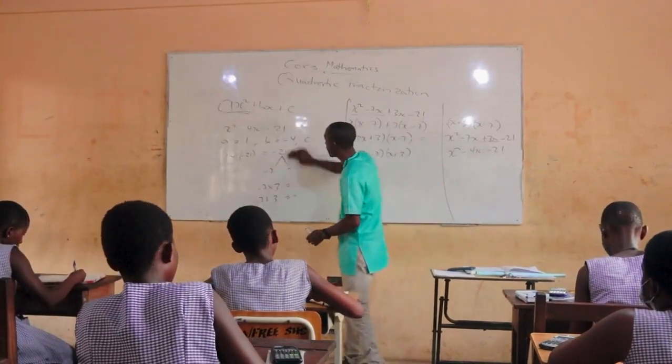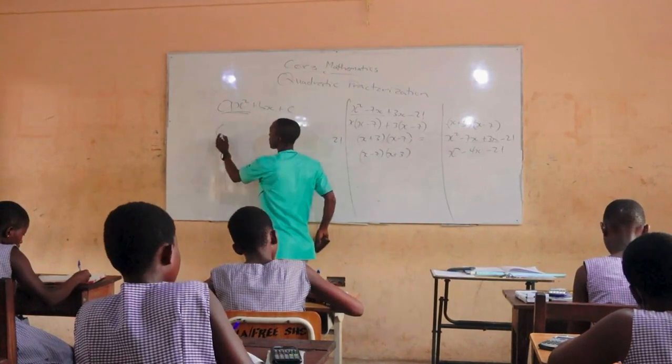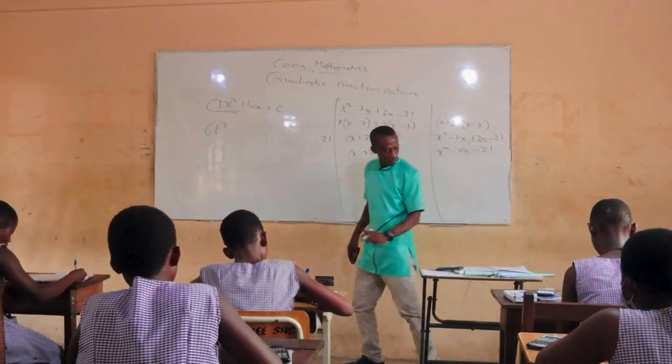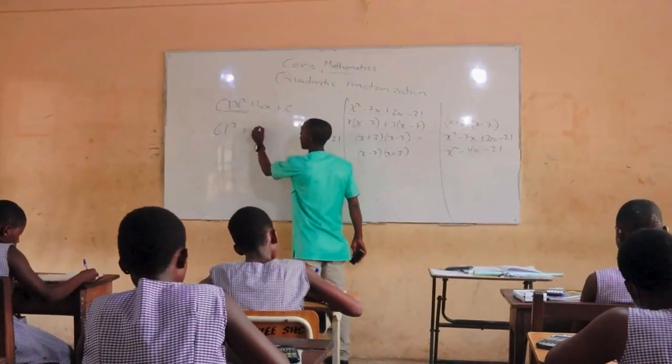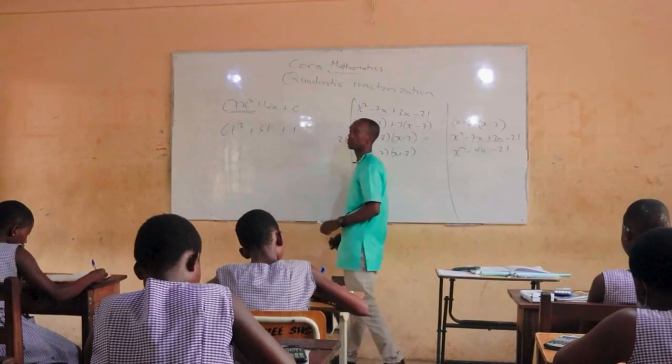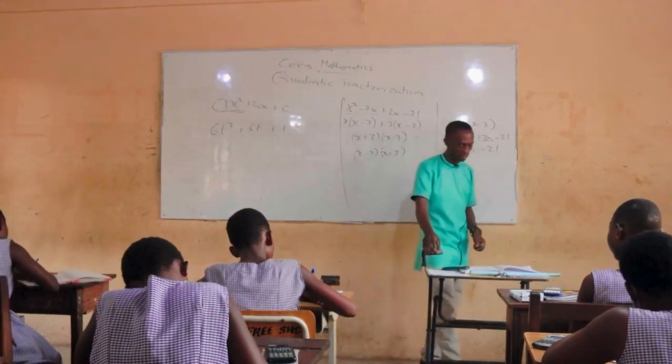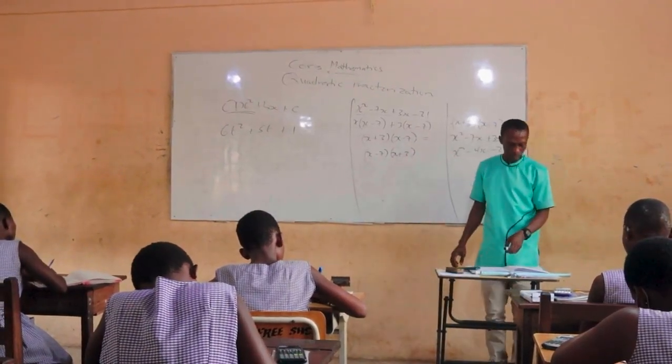Let's make a headway. Try this. Let's see. 6t squared plus 5t plus 1. 6t squared plus 5t plus 1.